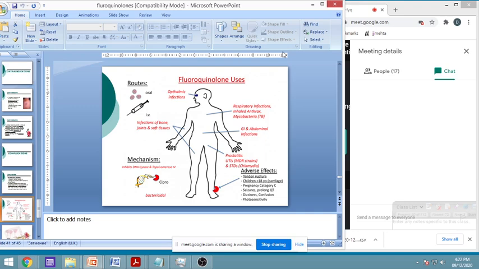It is also useful against mycobacteria, because they cause pulmonary tuberculosis. Then they are useful in GI and abdominal infections. You will find that there are many such drugs. A very popular combination is ciprofloxacin or norfloxacin with an anti-amoebic drug, because many times the doctor does not have time to check what kind of dysentery it is. It may be bacterial, or protozoal or amoebic. So normally a combination of these is given.